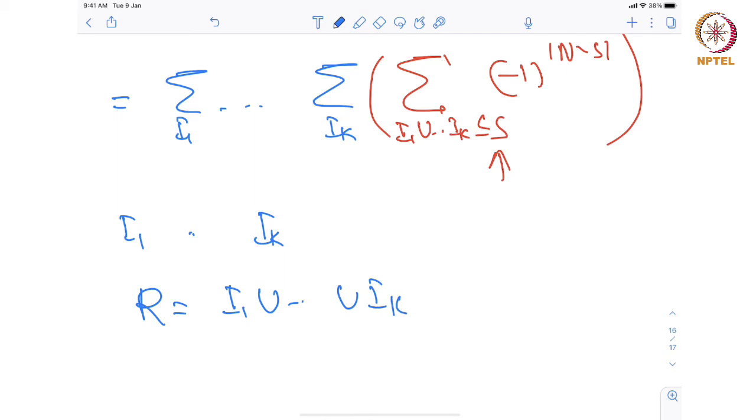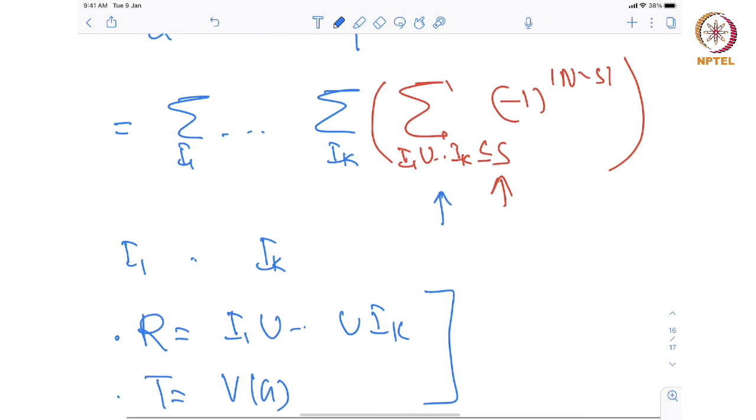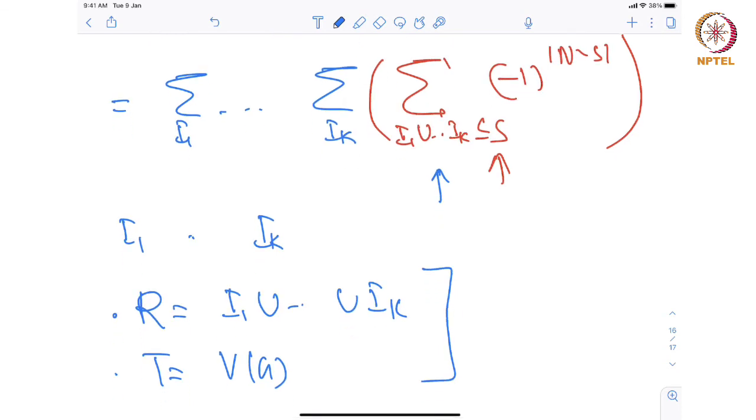So this is my R, and my T is the vertex set of G. These k independent sets, I1 to Ik, are going to contribute for all S which contains R and which is properly contained inside T.